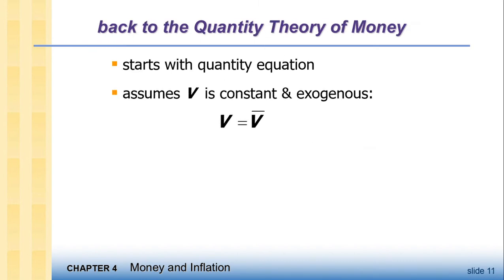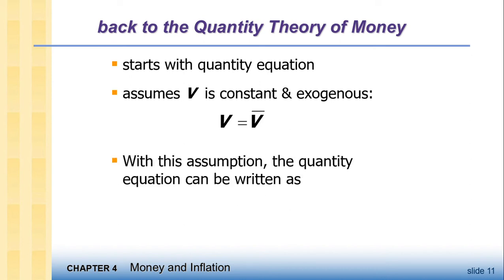Therefore the quantity theory of money in the short run has two assumptions. One, that velocity of money in the short run is constant and exogenous. Thereby we get M V bar, meaning that it is constant, and MV equal to PY can now be written as M V bar equal to P into Y.